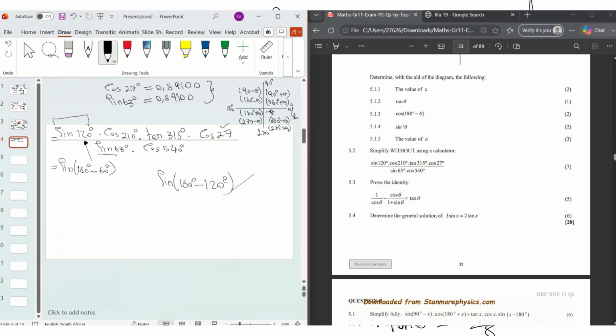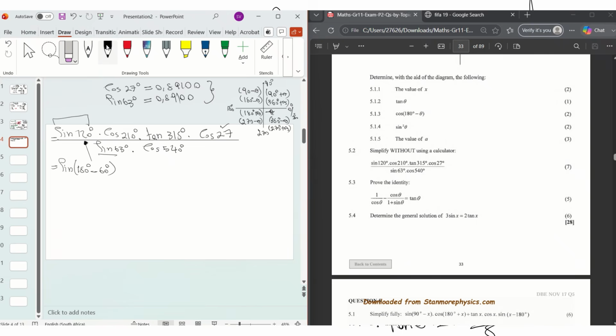That is wrong, because this will give you 60, which is not the same as the 120 you were given. These two are not the same. So always look for the angle which, when you subtract or add, gives you the initial angle. Please be mindful of that.